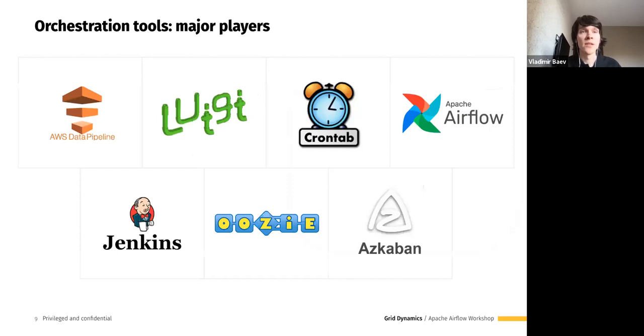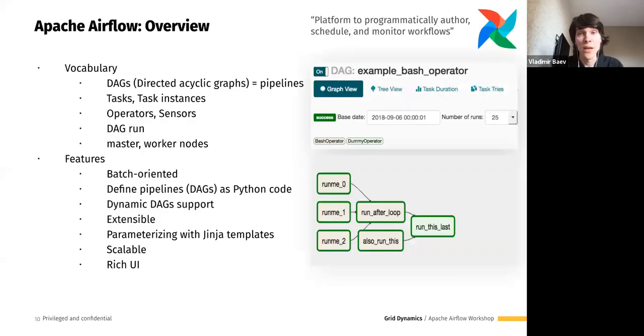And as you may know, there are a lot of actual products on the market, and we'll focus on Airflow today. So Apache Airflow is a scheduler platform which allows you to define your workflows and pipelines using Python code as a DSL.